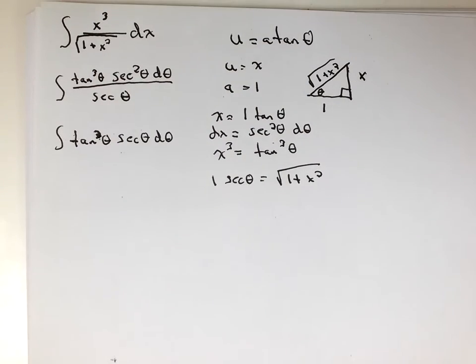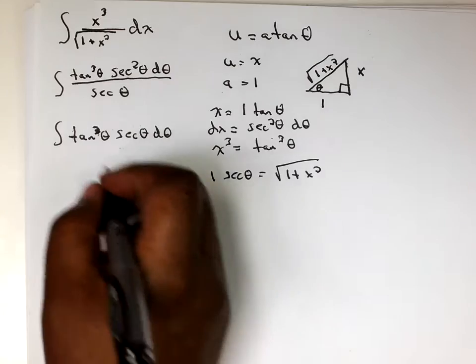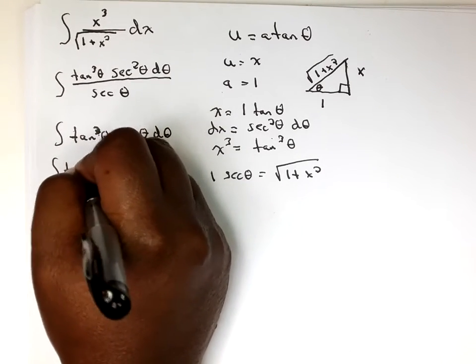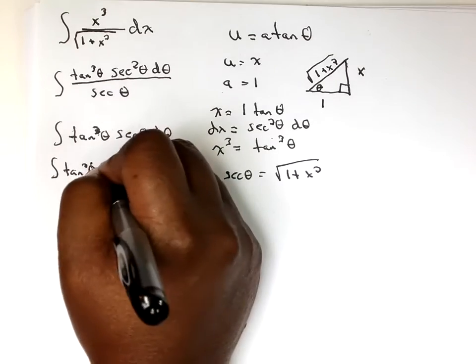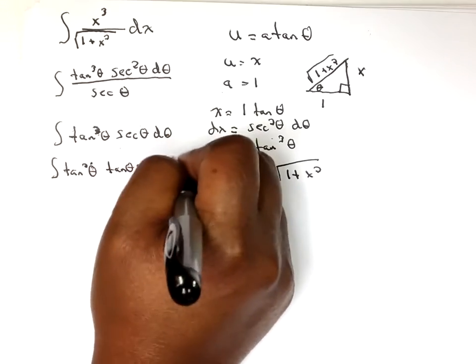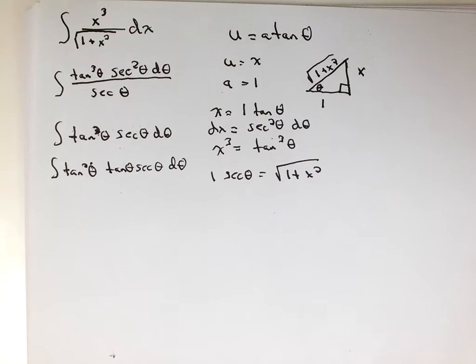I think I got ahead of myself. So I want to break that up to tangent squared theta times tangent theta, secant theta, d theta. And the reason that I want to do that is because now I can do a u substitution.